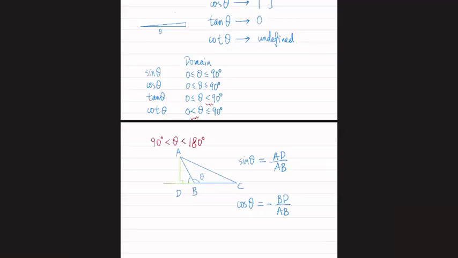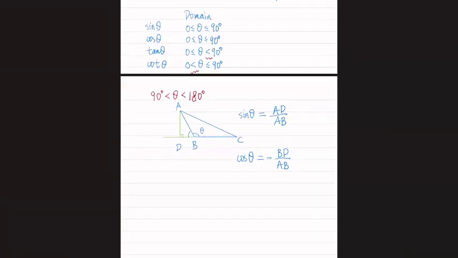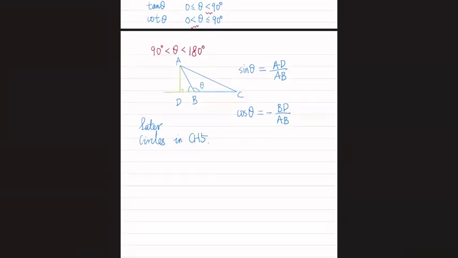Later we will introduce the circles in chapter 5, and over there we will extend sine and cosine to any number. Could be 90, 180, 360, could be negative.